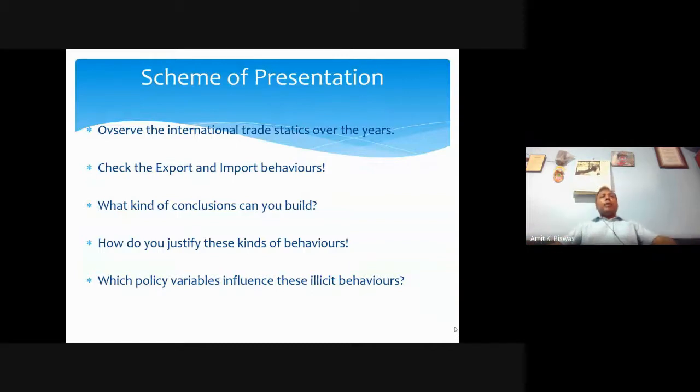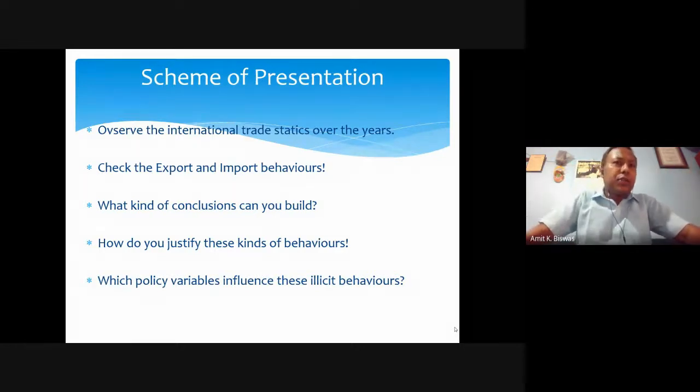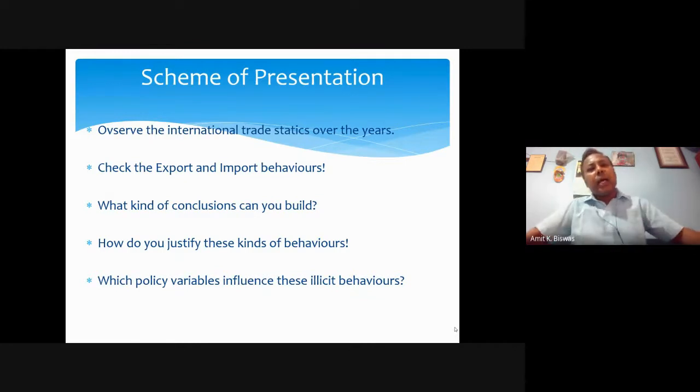What we'll be trying to do, I will be showing you some international trade statistics over the years. How do the statistics behave over the years? We do it both for exports and imports. Seemingly, as a layman, not as an economist, what kind of conclusion can you draw out of that? Now, how do you justify that?